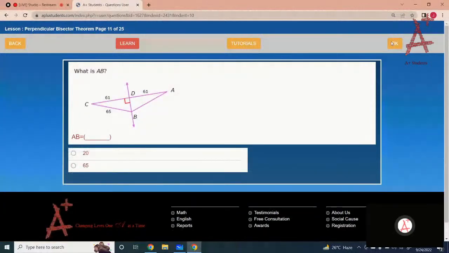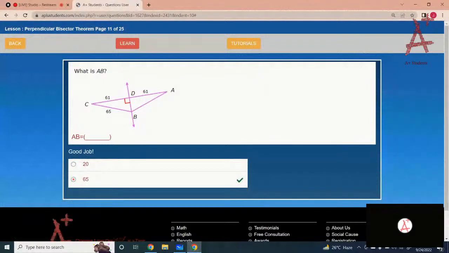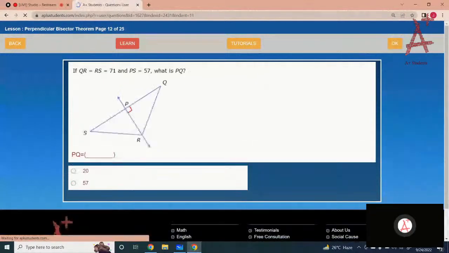Okay, the next one is, what is AB? 65 or 20? It is 65. Good. Okay, the next one is, if QR equals RS equals 71 and PS equals 57, what is PQ?